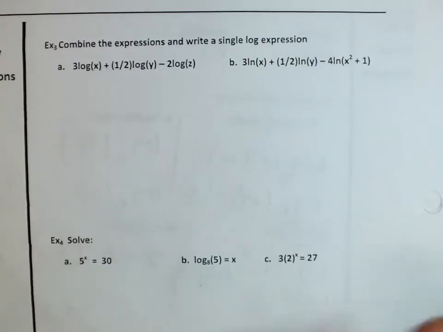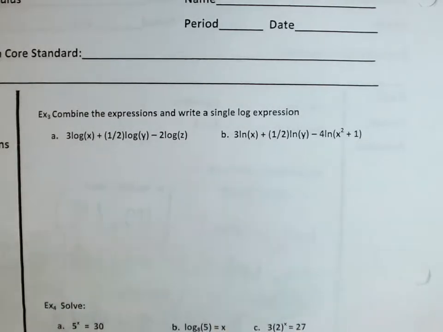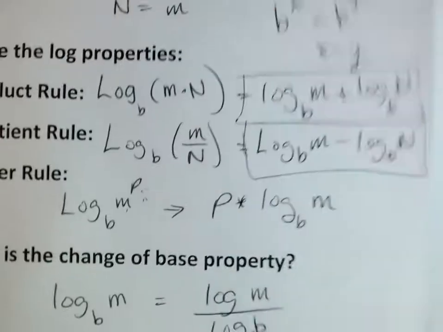All right. Now, let's combine them. So this 3 is a number out in front. It was an exponent, so let's bring it back in.